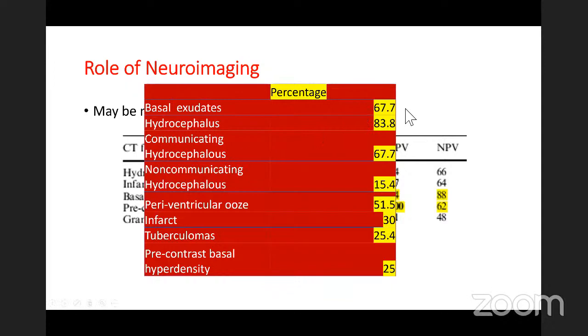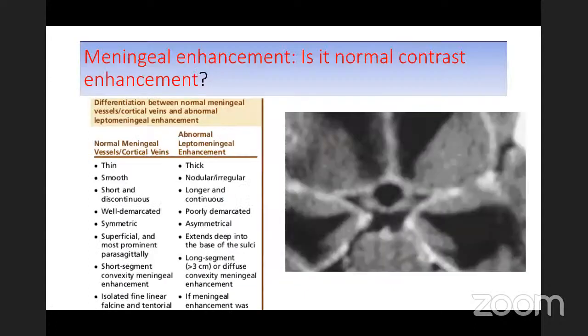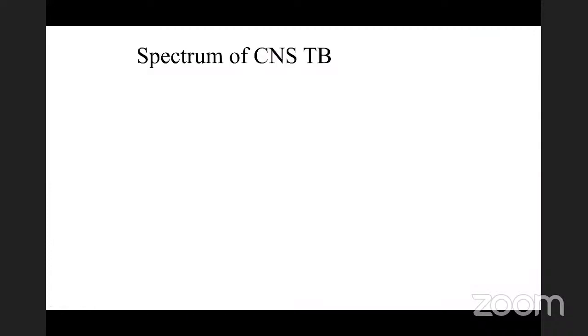So in early scans, when we are suspecting tuberculosis, it is always advisable to do a contrast CT or a contrast MRI in order to appreciate the basal enhancement. And what do we mean by abnormal basal enhancement? As I have already said, if it is a long segment, thickened, nodular, poorly demarcated, or asymmetrical, then it is believed to be abnormal leptomeningeal enhancement and not normal, so we should always have our suspicion very high.